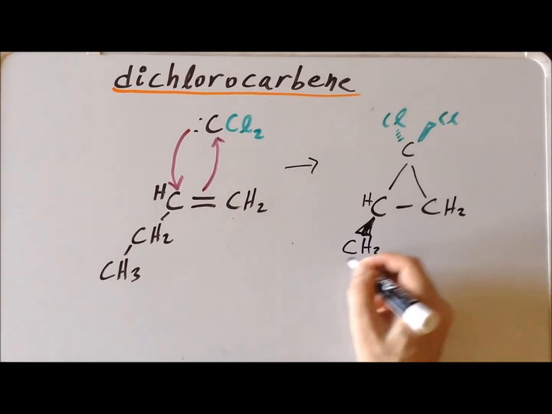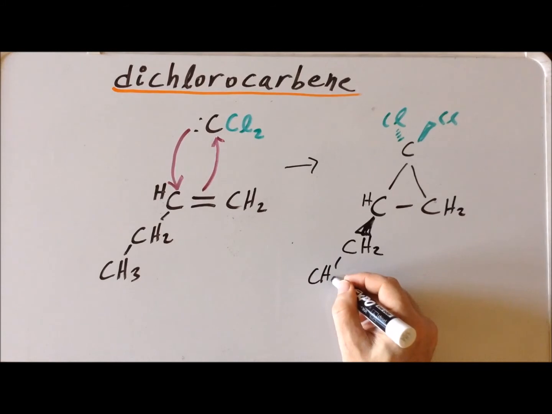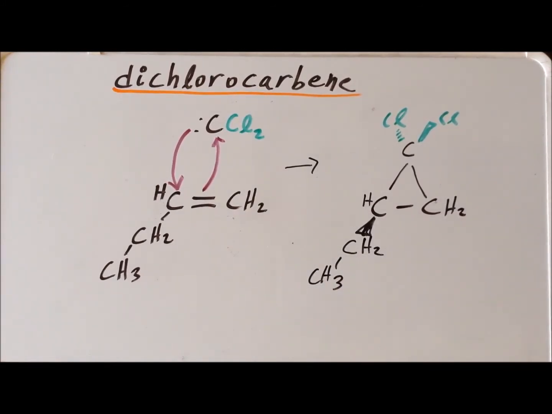So we have CH2, CH3. So this is a nice example because it shows us that depending upon how we substitute our alkene, we can have more substantial substitution than merely methyl groups or hydrogens. So if you have an ethyl group, this whole group will either be above or below the plane.